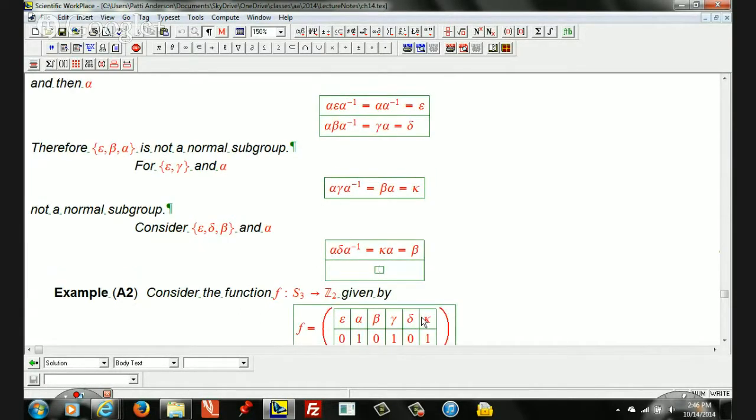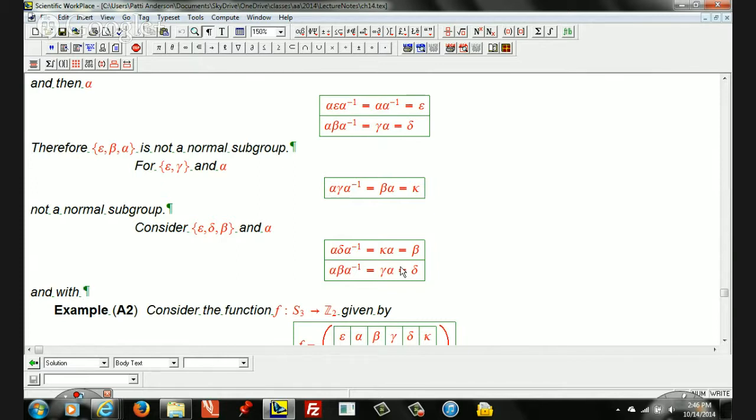Let's do alpha beta alpha inverse. So it's alpha beta, and alpha inverse is just alpha. So gamma alpha is, so that's back in the set. That one worked.